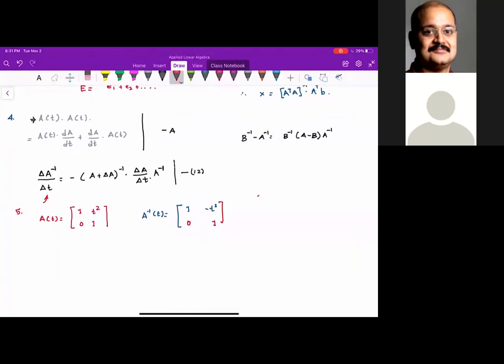So in the next problem, problem number 5, this is the equation that is given to us, and then we have to verify the derivative.